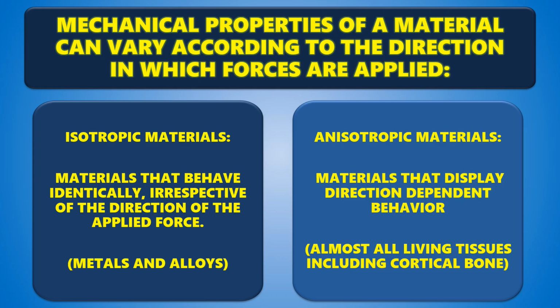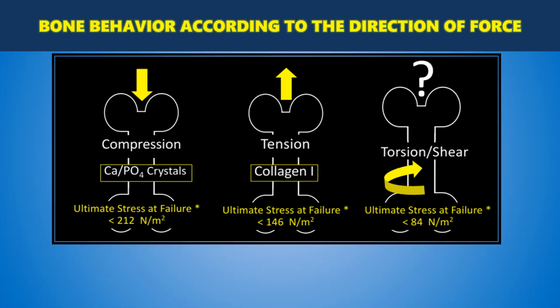On the other hand, we have anisotropic materials like our cortical bone that behaves differently according to the direction of force. And as you can see here, that our bone can withstand high compressive forces and it will not fail before sustaining more than 200 newtons per meter square if the force was a compressive force.